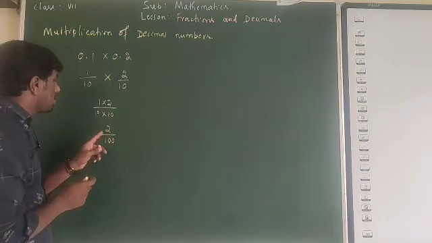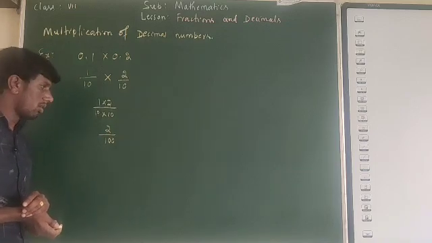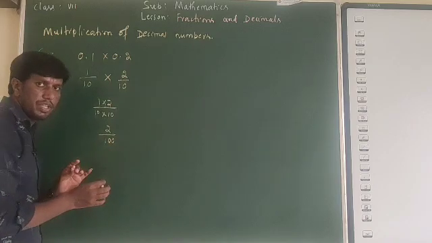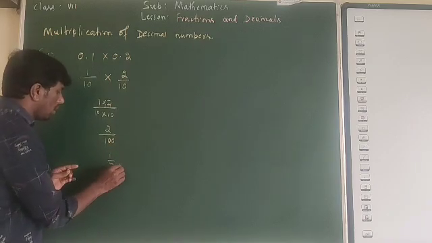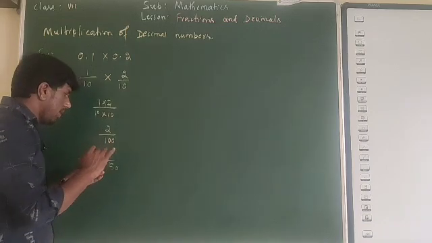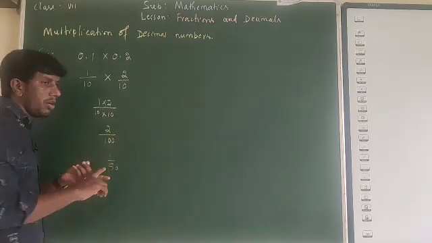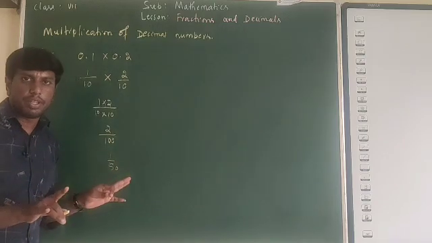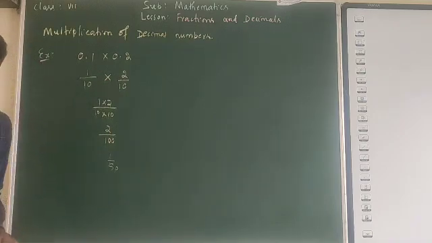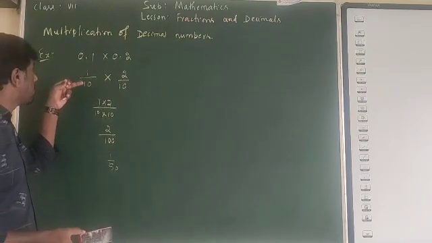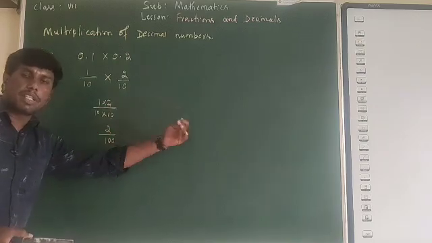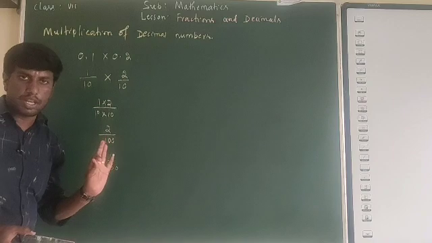No need to bring it to the simplified form. If I simplify, I can bring it to the lowest form, that is 2 ones are 2, 2 50s are 100, then it will become 1 by 50. But I don't want to bring the denominator to 50. Let it be in terms of 10, 100, 1000. If the denominator is in terms of 10, 100, 1000, then I can easily represent that number as a decimal number, correct?